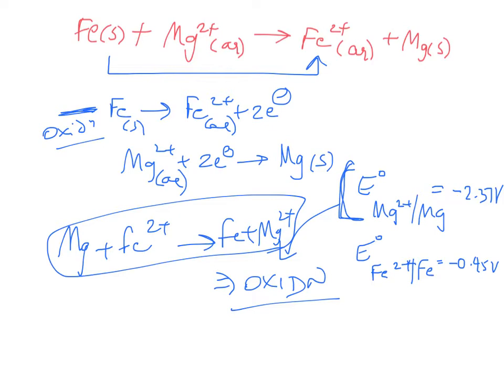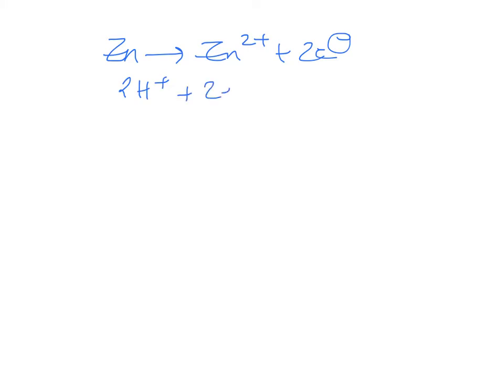What I mean by that is, if you consider something like, let's say, zinc, zinc can undergo oxidation to Zn2+, 2 electrons will be given, and H+ from the acid can gain those electrons and give you H2 gas.